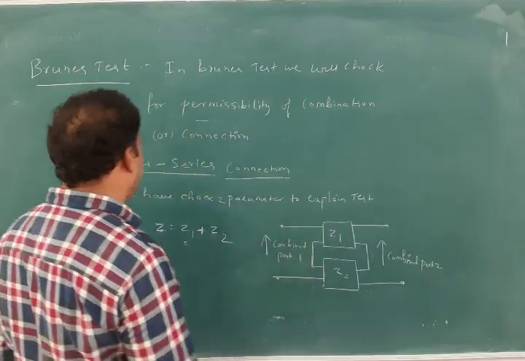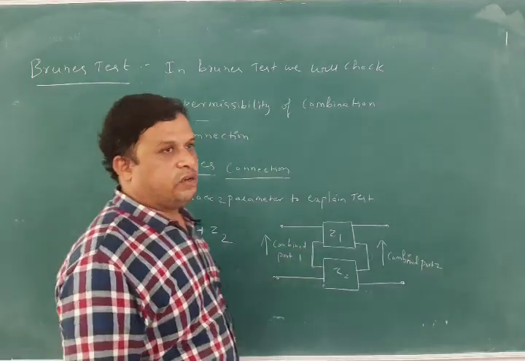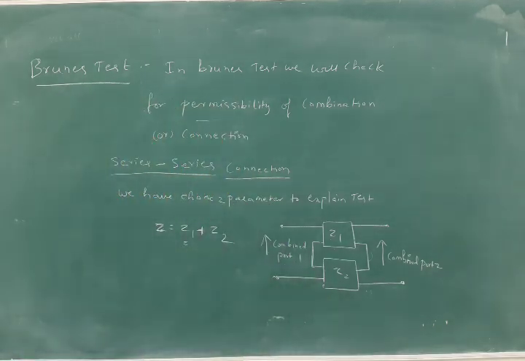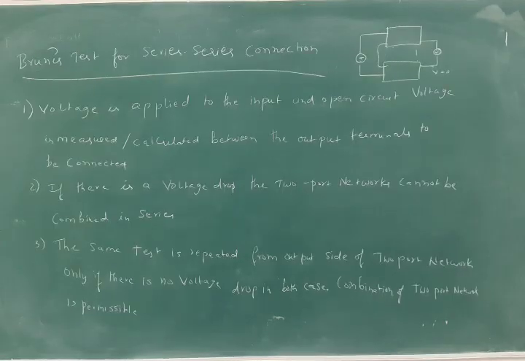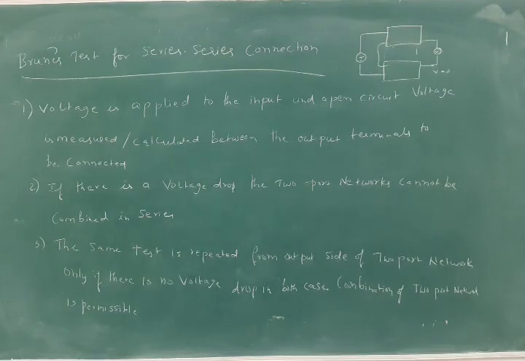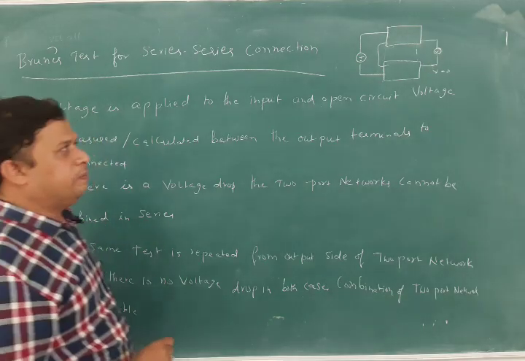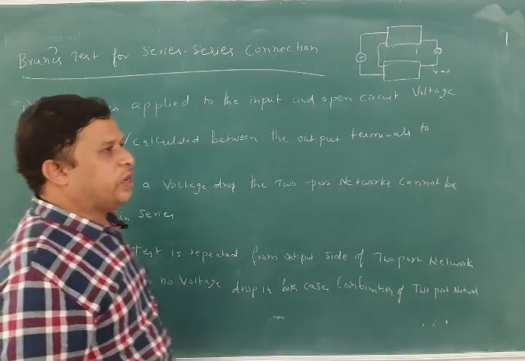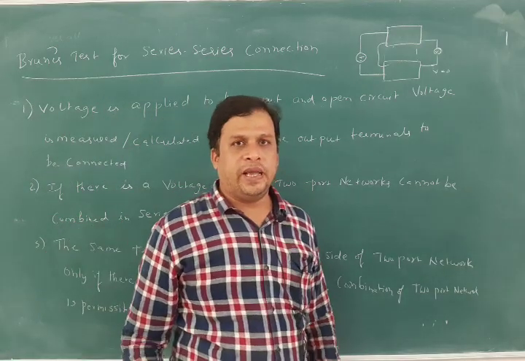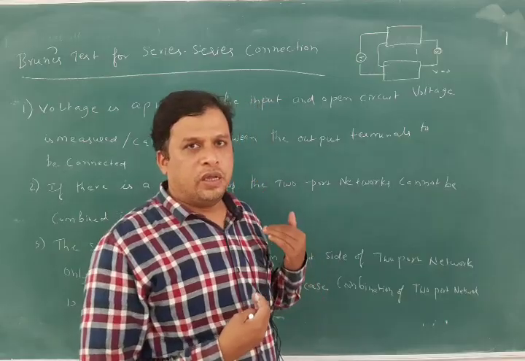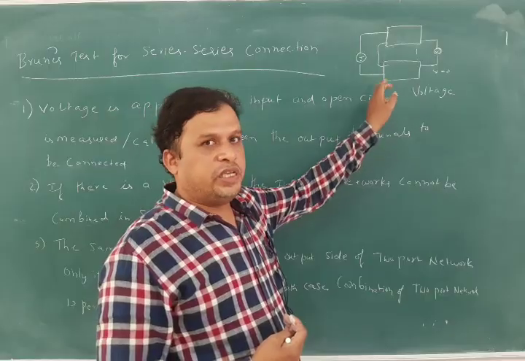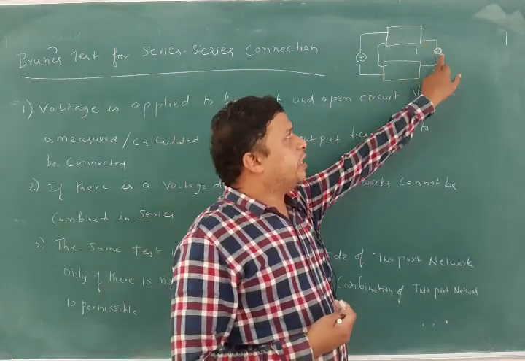Now we will see what points are to be checked for the Brune test. Talking about the Brune test for series connection, the voltage is applied to the input port and the open circuit voltage is measured at the output terminals. We apply some input voltage to this combination, and the output port is connected to a voltmeter.